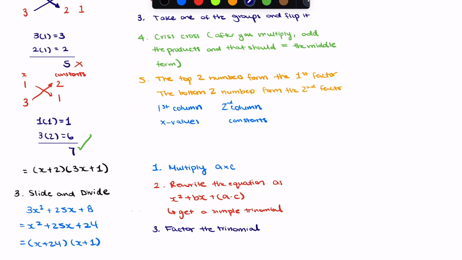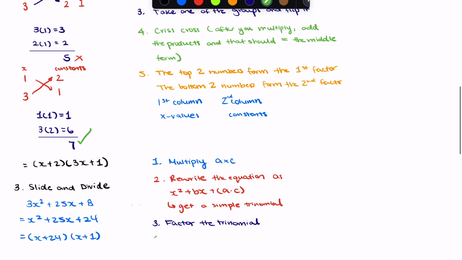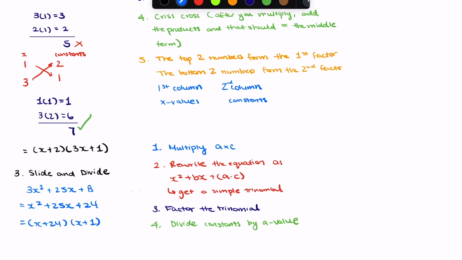Okay, and then the fourth step is to then take the a value that we factored out and we divide the constants by the a value. So here we get x plus 24 over 3 and x plus 1 over 3.